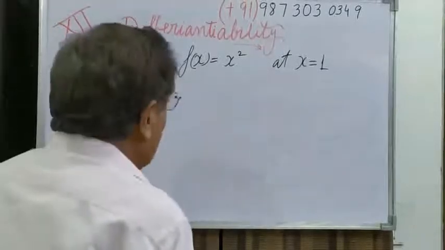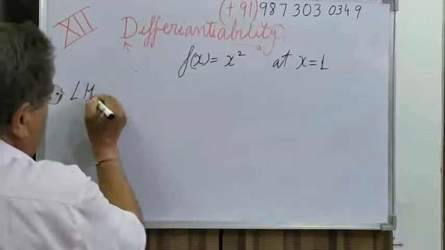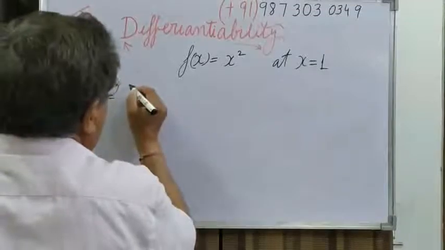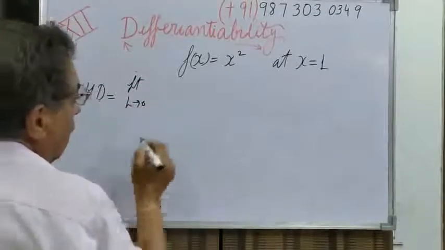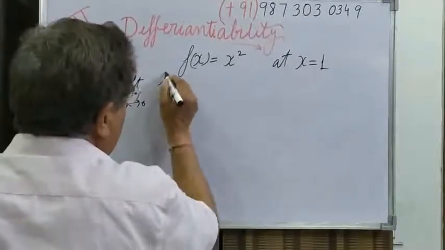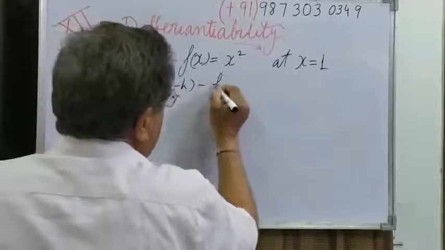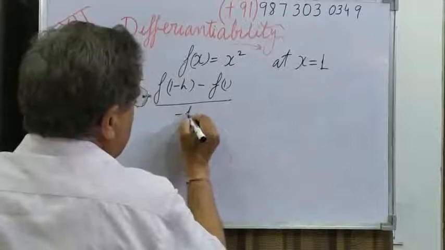So first of all, I will write down the left hand derivative. What is the left hand derivative? Limit h goes to 0, the value of the function at 1 minus h minus f(1), upon minus h.